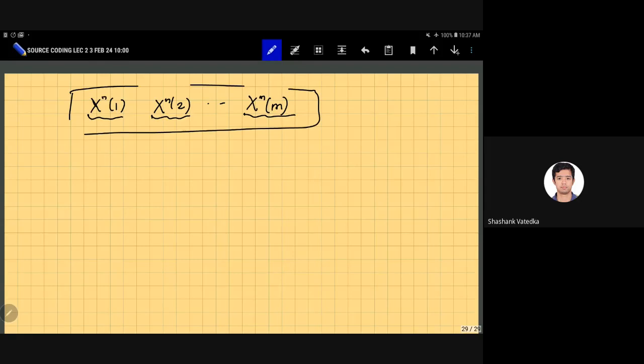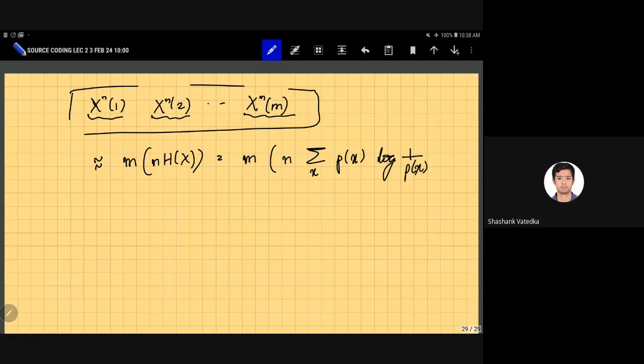So the best possible rate you could achieve would be m times H of X^n, which is m times n H(X), which is m times n times the summation over all x of p(x) log 1 over p(x).